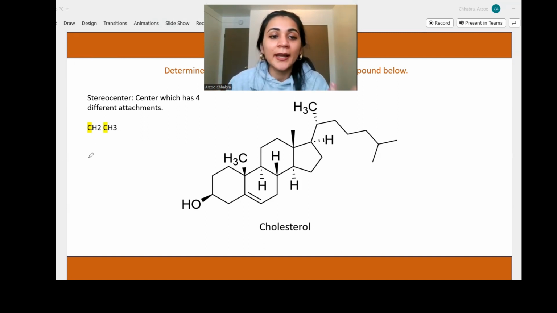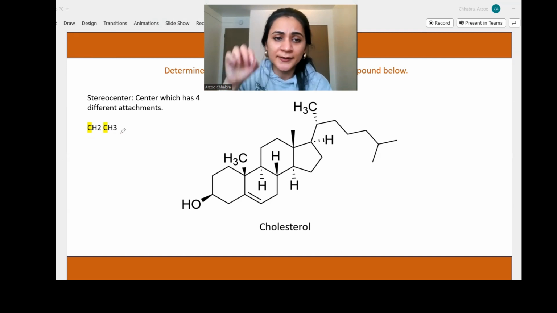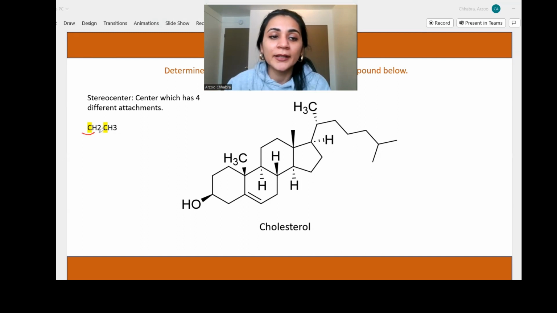And a little shortcut to figure out or disregard a center as a stereocenter is whenever you see a CH2, right? Now that carbon center has two of the same attachments, the H's, and whenever you're given a large molecule and you have to find out how many stereocenters are present in that molecule, you will see a lot of them will be CH2s because a lot of the carbon centers in complex structures are CH2.